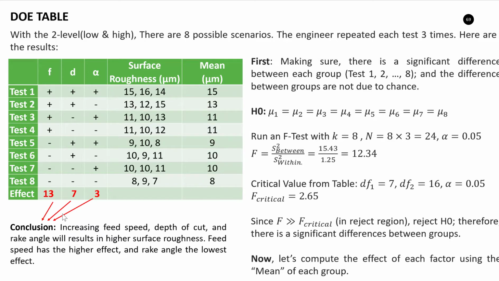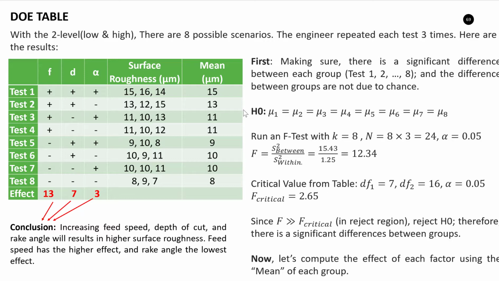Well, looking at these three numbers, first of all, they are all positive, okay? So our first conclusion is that increasing these numbers results in higher values for surface roughness, for output. But we don't want higher surface roughness, right?